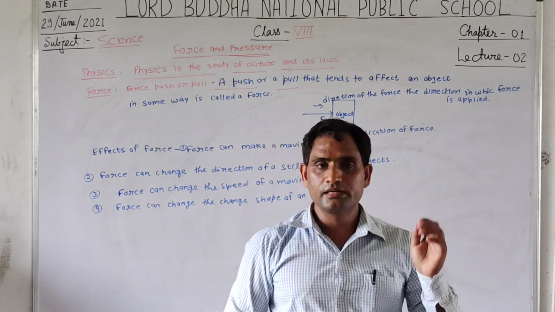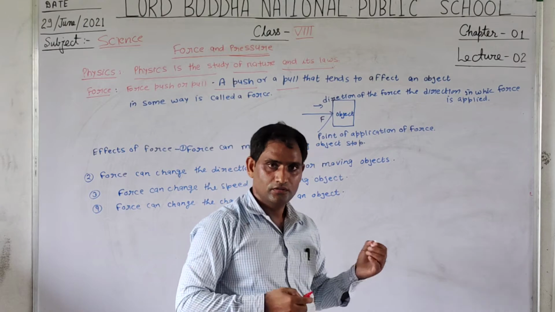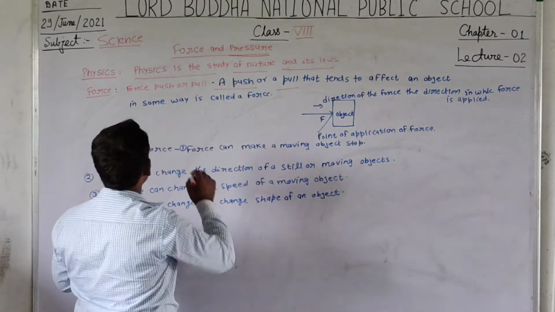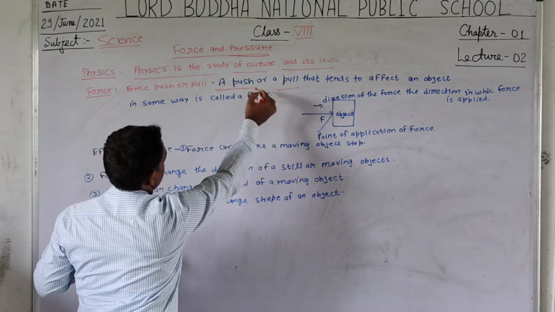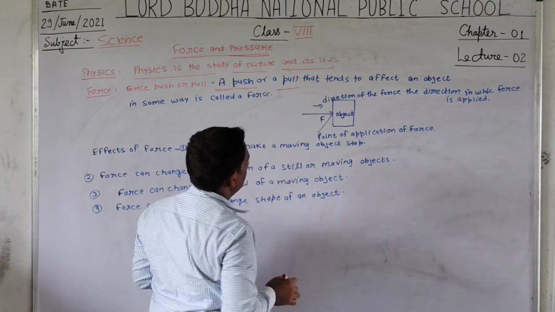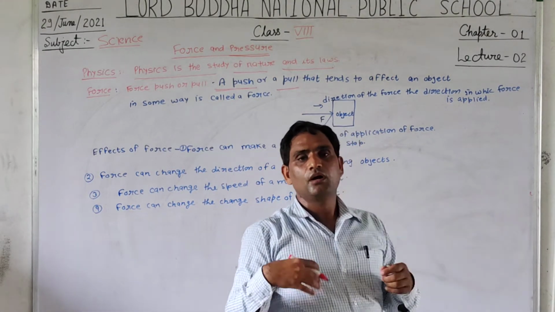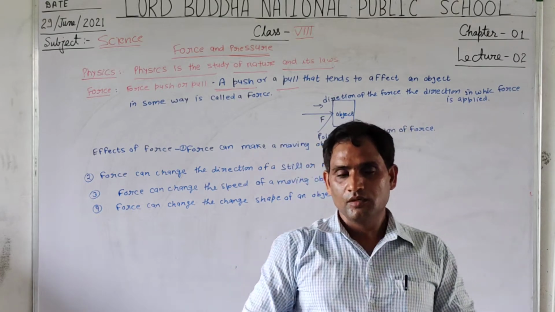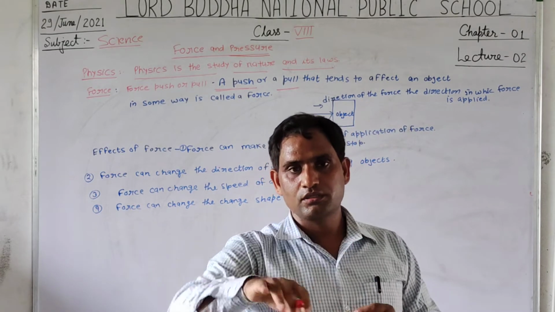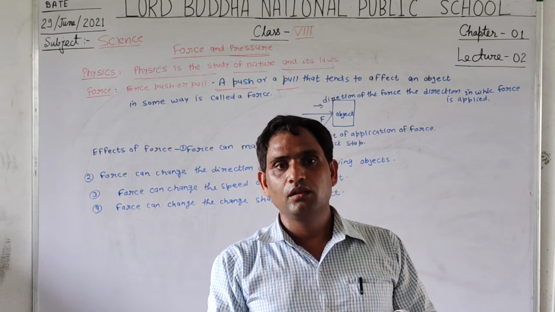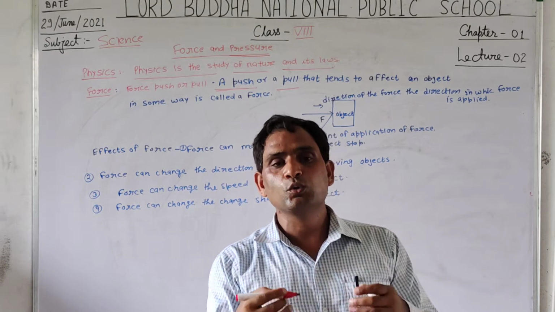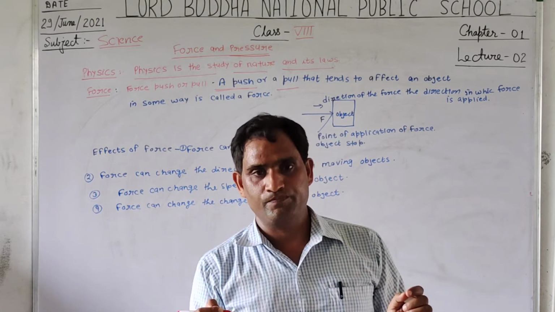Clear? To see the definition of force: a push or a pull. The difference between push and pull here: in push, objects move away from the source, and in pull, objects come closer to the source. In general, clear?